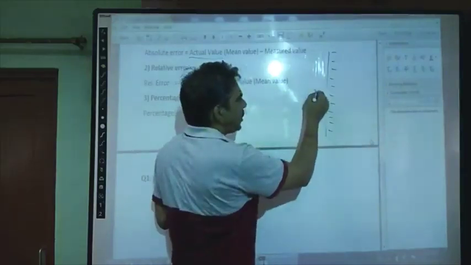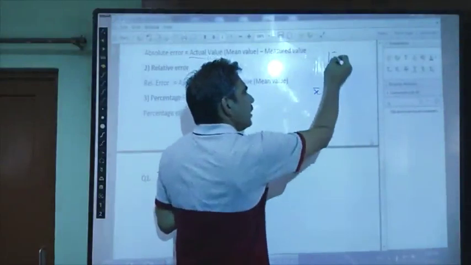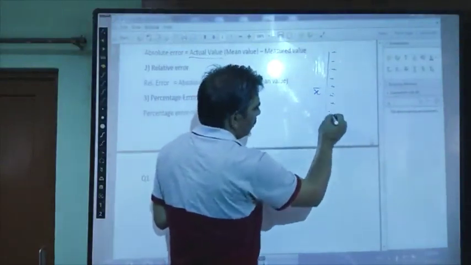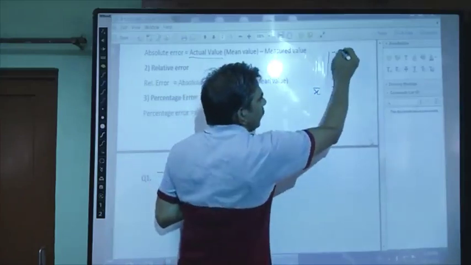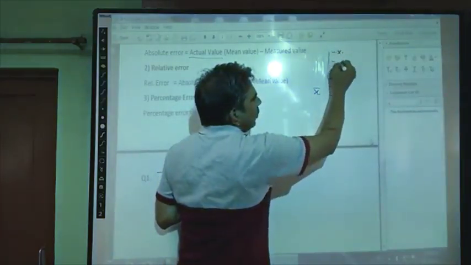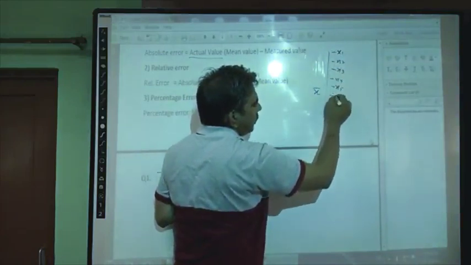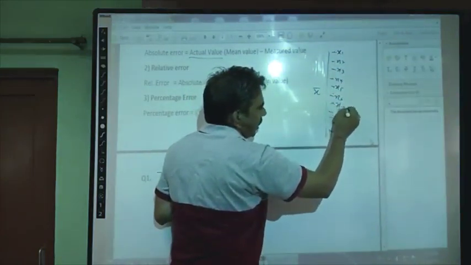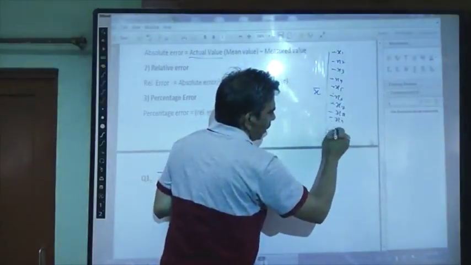Let the mean be x bar, for example, and we take the difference of each and every value from this mean value. Suppose the first value is x1, then x2, x3, x4, x5, x6, x7, x8, x9 and x10.